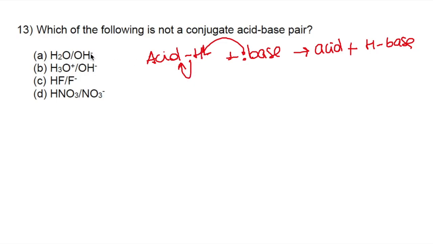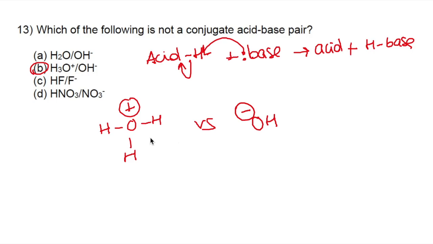The pair will be the one where there's only one hydrogen difference between the two species. And for choice B, there are 2 hydrogens being lost because we are comparing that versus that. So in this case, there are 2 hydrogens that are missing. So that's why the answer is B.